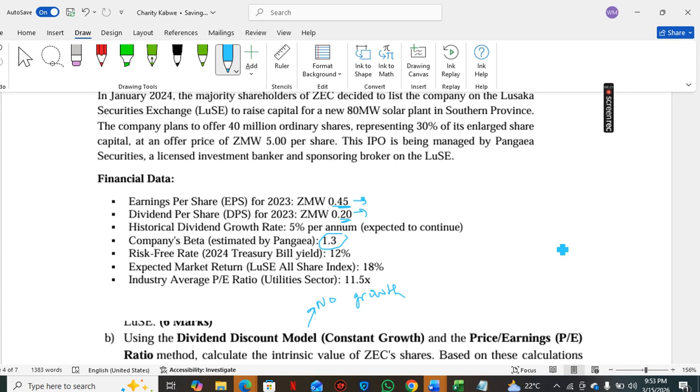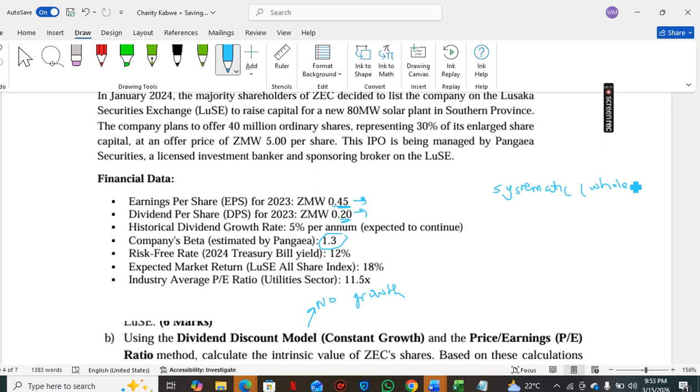Systematic risk, please remember this and never forget this. Systematic risk is the risk that affects the whole stock market. You cannot avoid it. You cannot diversify away this risk with a portfolio.